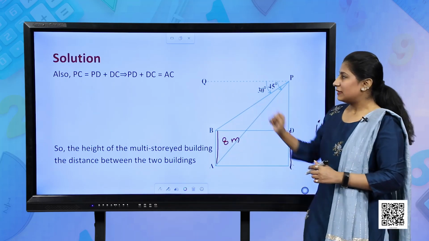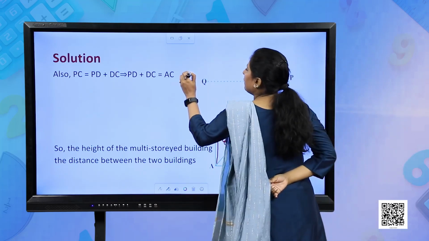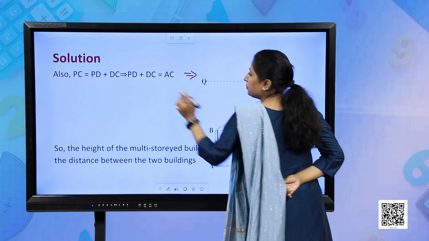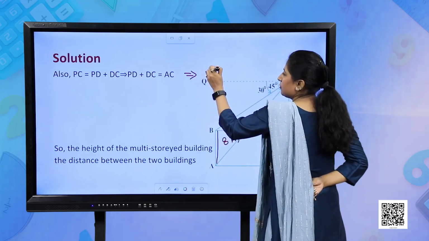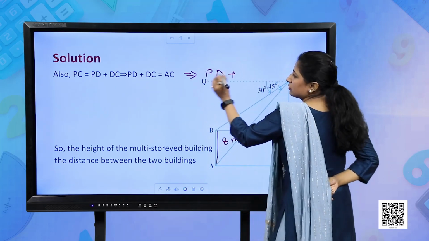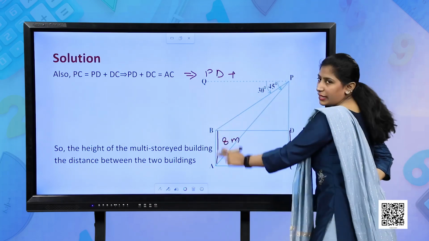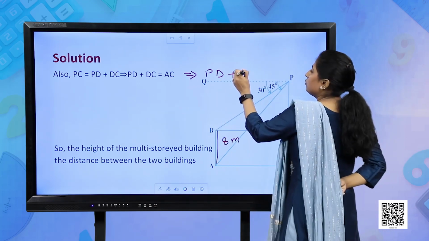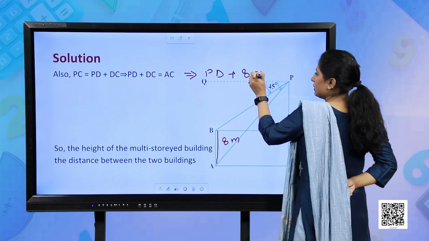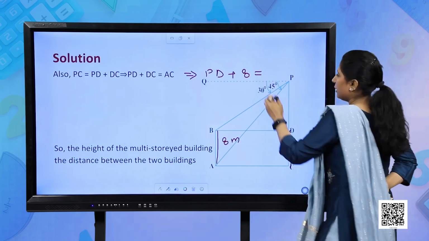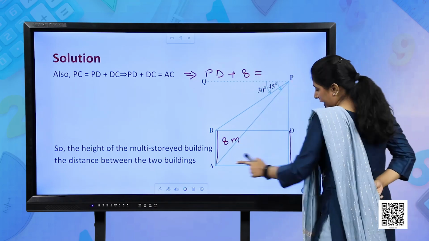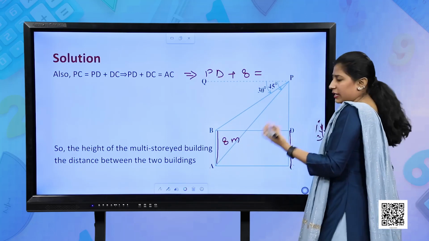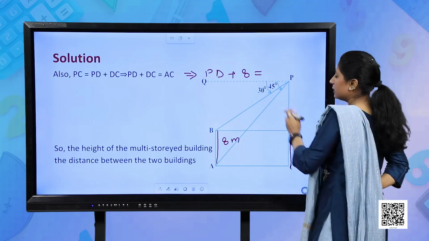So, if we write this equation again, we will write PD plus DC, which is equal to AB. So, I am putting the value 8 equal to AC. Okay. Also, AC is equal to BD. So, I can write AC also, I can write BD also.